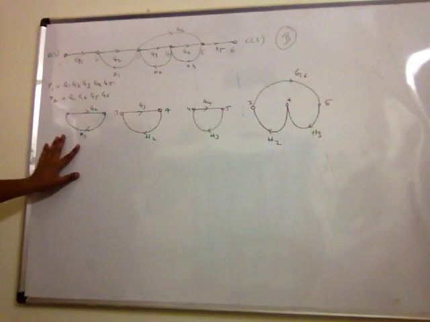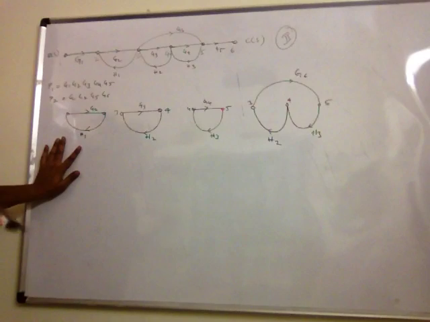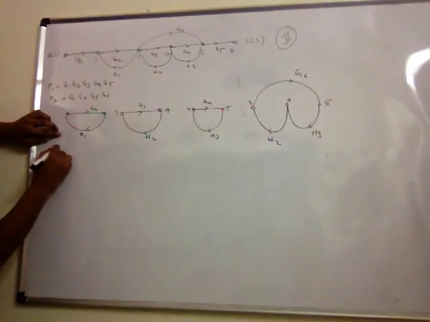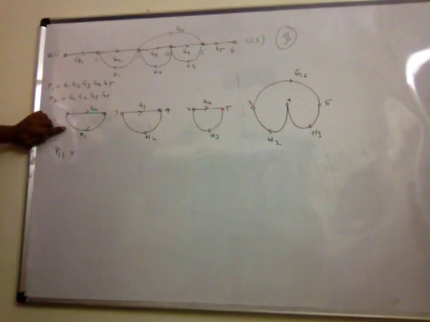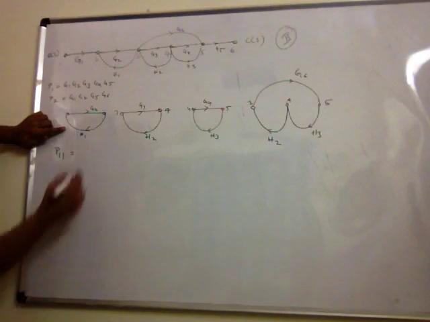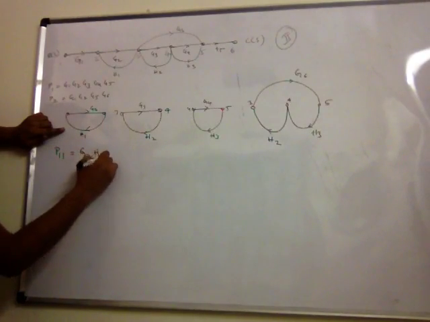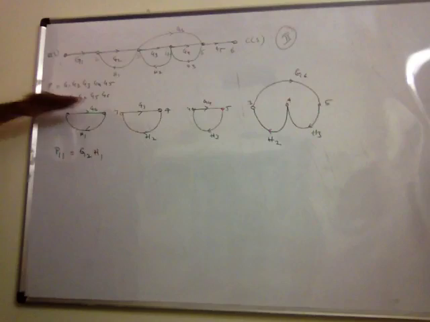Now find the gains of each individual loop. I'm going to denote the gains of each individual loop with P11, P21, P31 and so on. My P11 is equal to G2H1. Simple, just multiply it: G2 and the reverse path is H1.